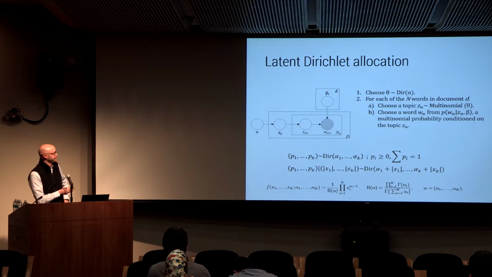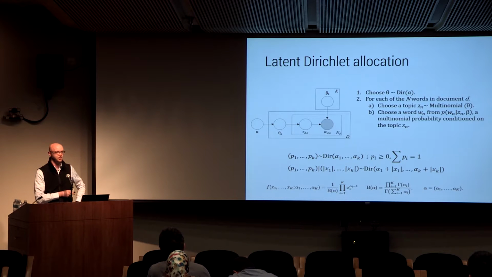So you can see, we don't need to go too much into detail with this, but the generative story here is that D is the number of documents in your collection, N is the number of words in each particular document, and then you have K topics that you've specified. So in order to generate data, you first take a sample from a Dirichlet distribution that's parameterized by alpha for each document.